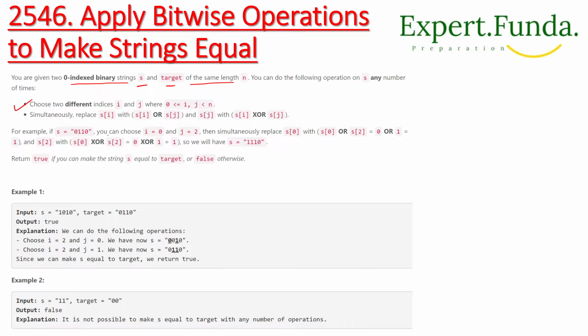Simultaneously replace s[i] with s[i] OR s[j], so we do OR of char at i with s[j]. Or we can replace it with s[i] XOR s[j].